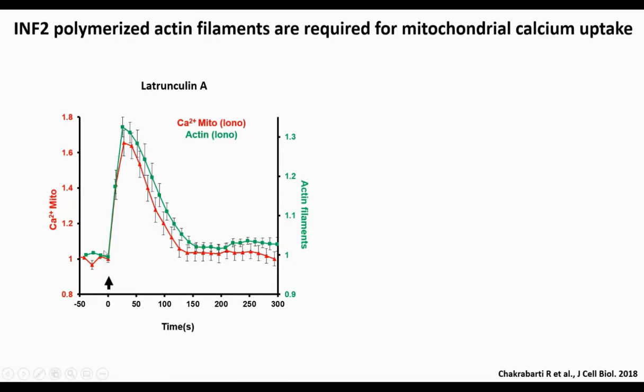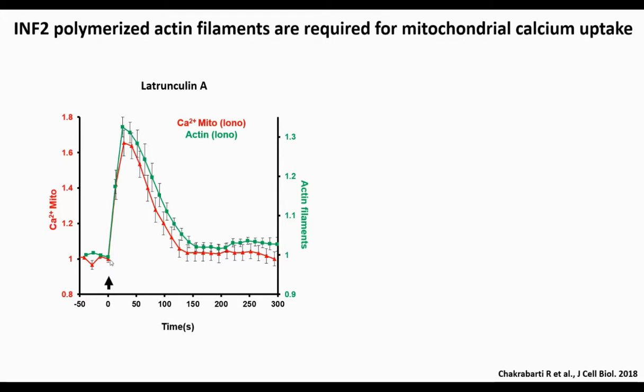So here are the curves of the control cells, where you have the actin filaments labeled in green and mitochondrial calcium labeled in red. Contrary to what I showed you in my previous slides, where the actin filaments were preceding the mitochondrial calcium uptake, these seem to happen at the same time just because of the time resolution. These images were taken every 15 seconds, so you can understand that both these events are now seemingly at the same time.